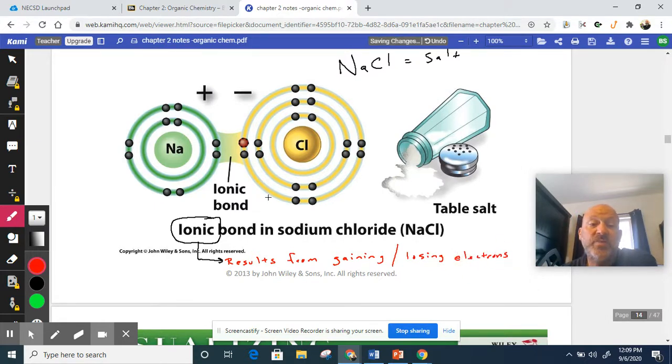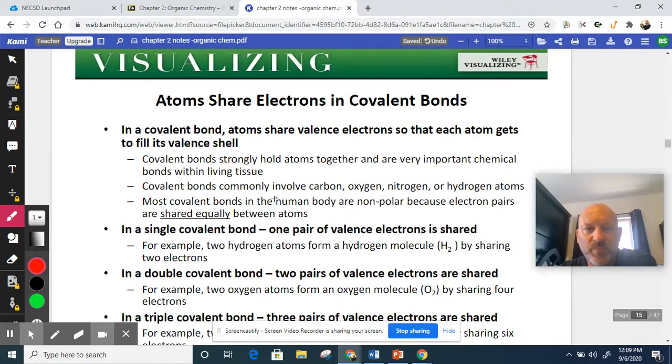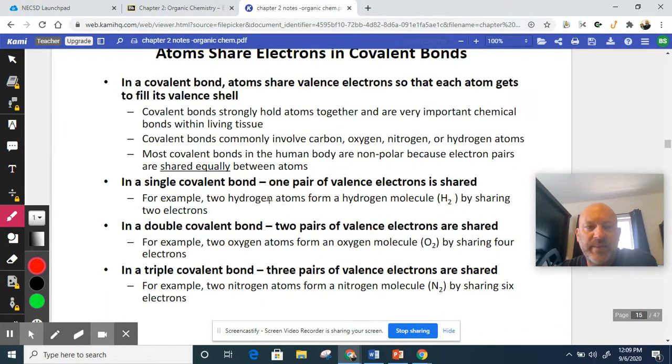When you gain an electron, you become a negatively charged ion. And when you lose an electron, like sodium does, you become a positively charged ion. And then you are therefore attracted to one another. But both of these atoms are happy because their valence shells have been filled. All right, so that's ionic bonds.